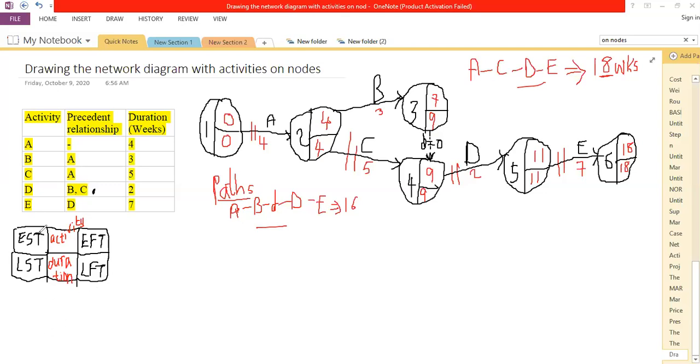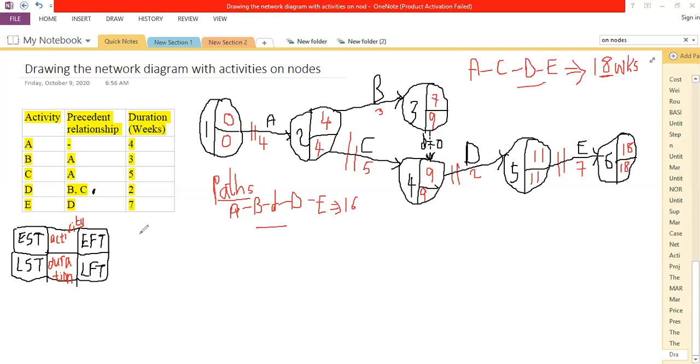And then we'll also still use the forward pass and the backward pass. When we are talking of the forward pass, we are picking the times that are given by the largest cumulative value. When you're talking of the backward pass, the latest time will be given by the smallest cumulative value moving from that particular node.